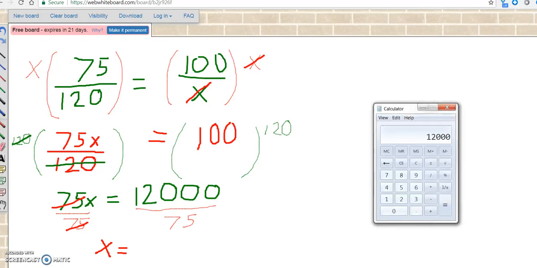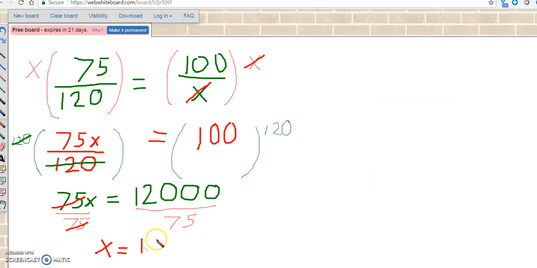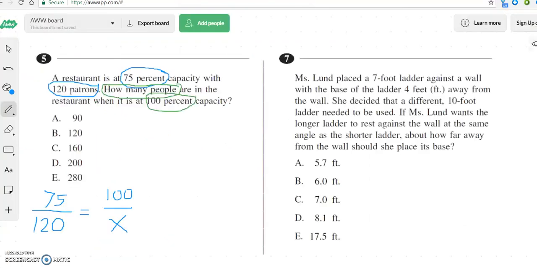And back to the calculator. 12,000 divided by 75 will give us 160, which is going to be the answer. Okay? 160.